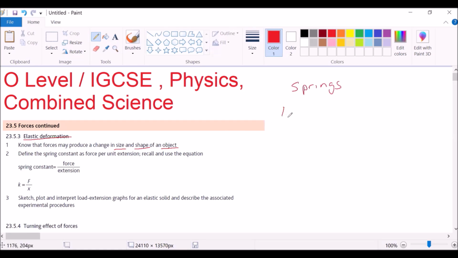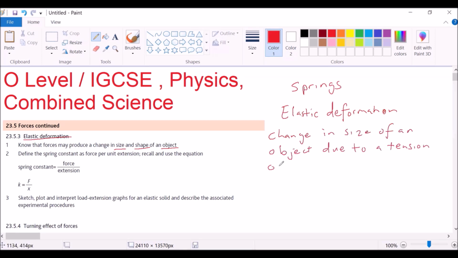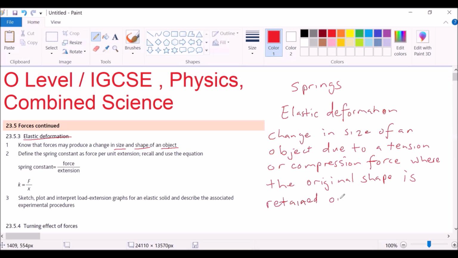Elastic deformation is change in size of an object due to a tension or compression force where the original shape is retained once the force is removed. So, an elastic band, you can stretch it, and once you remove the stretching force, it will go back to its original shape.